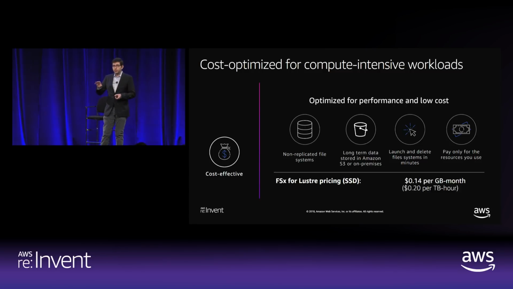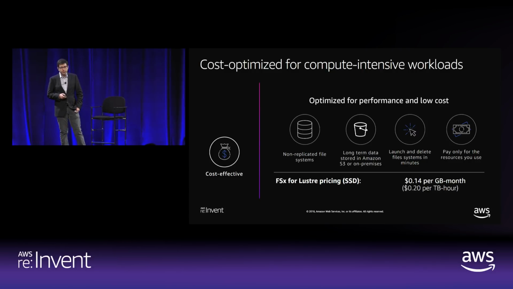You can commit data back to S3, or back to your durable data store, at any point, and you spin down your file system when you're done. By not replicating it, we have the benefit of lower cost for us, which we pass on as lower price for you. And we also have significant performance benefits by not replicating the data. So it's really optimized for these compute-intensive workflows.